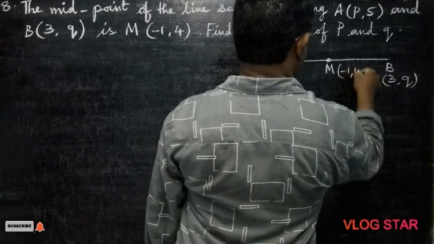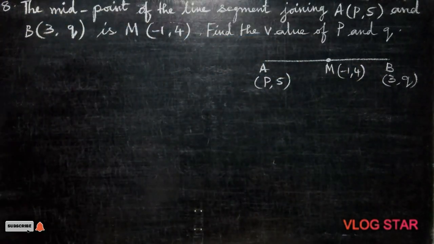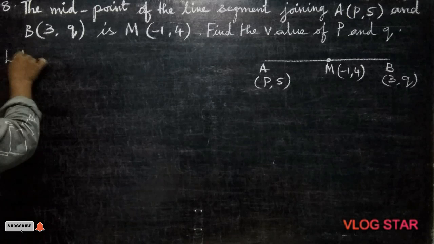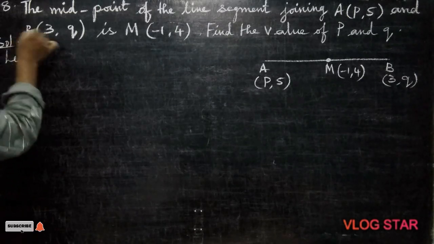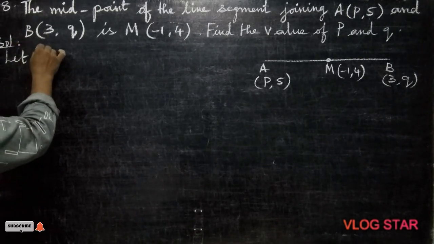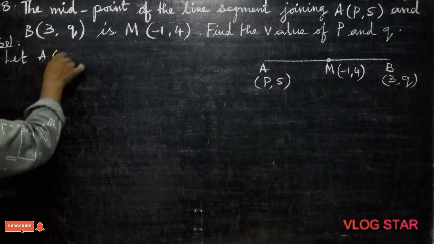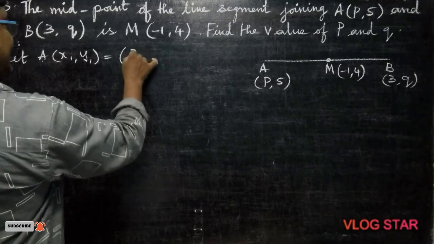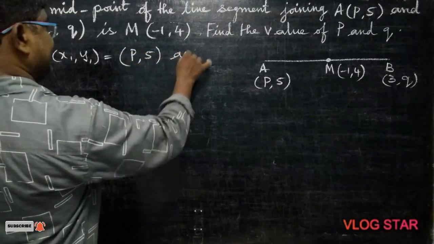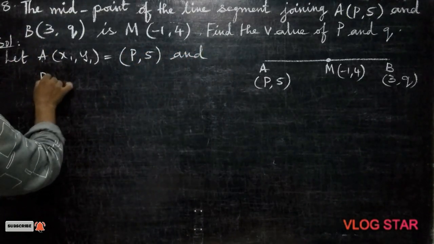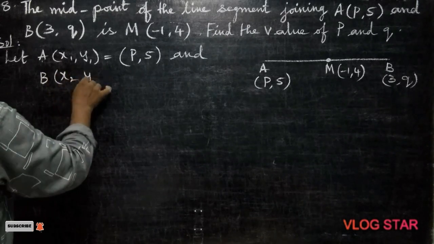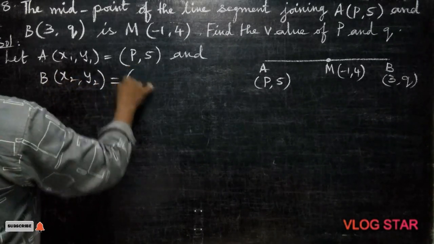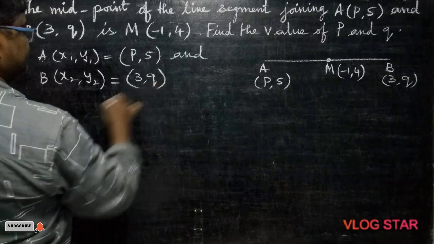(-1, 4). Now let, solution given. Let A(x1, y1) is equal to (p, 5) and B(x2, y2) is equal to (3, q).